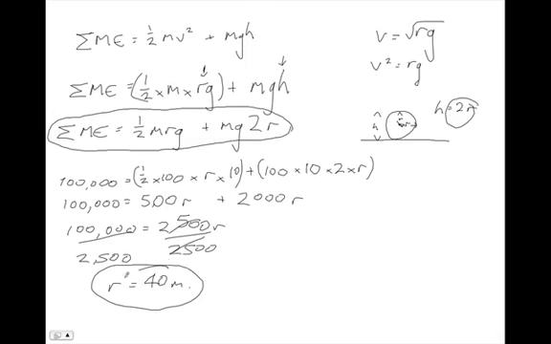So for me, that is my crucial information for my vertical loop: my r is equal to 40 meters, and so obviously the height of my vertical loop is 80 meters. Okay, so that's the formula you need to use to plug in to find the height of your vertical loop.